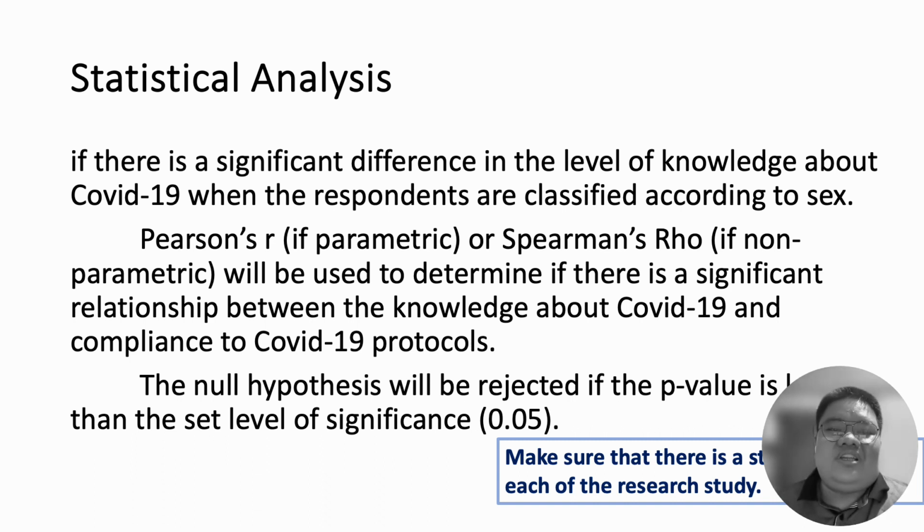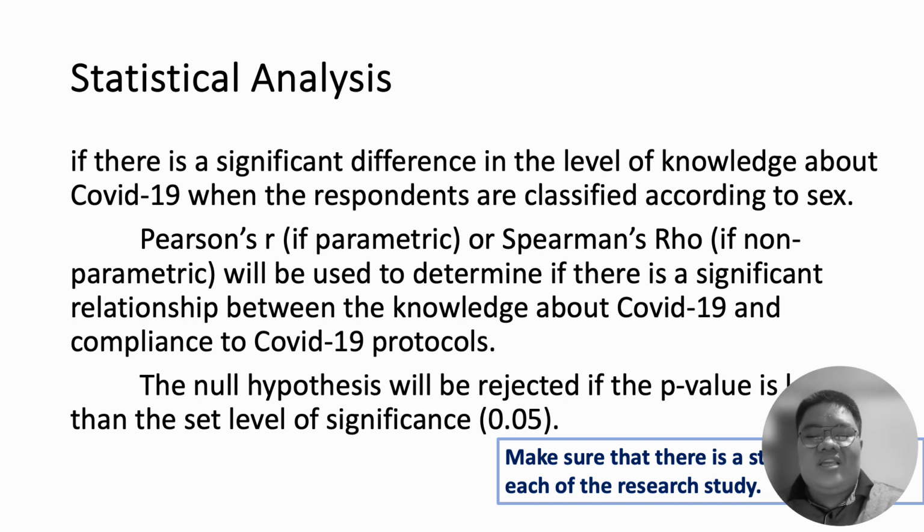So in this case, for the relationship, Pearson's r if it's parametric, Spearman's rho if it's non-parametric, will be used to determine if there's a significant relationship between knowledge about COVID-19 and compliance to COVID-19 protocols. It's wise for you to indicate the criteria for rejecting the null hypothesis, which says that the null hypothesis will be rejected if the p-value is less than the set level of significance, which is 0.05.